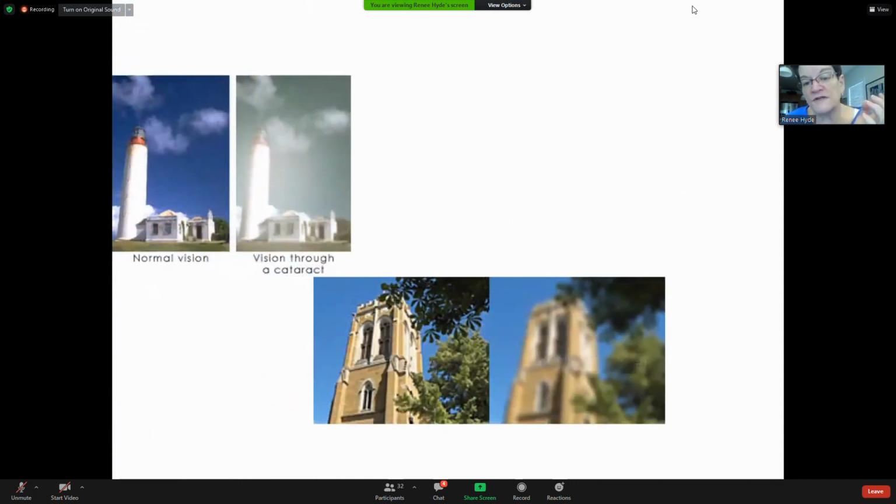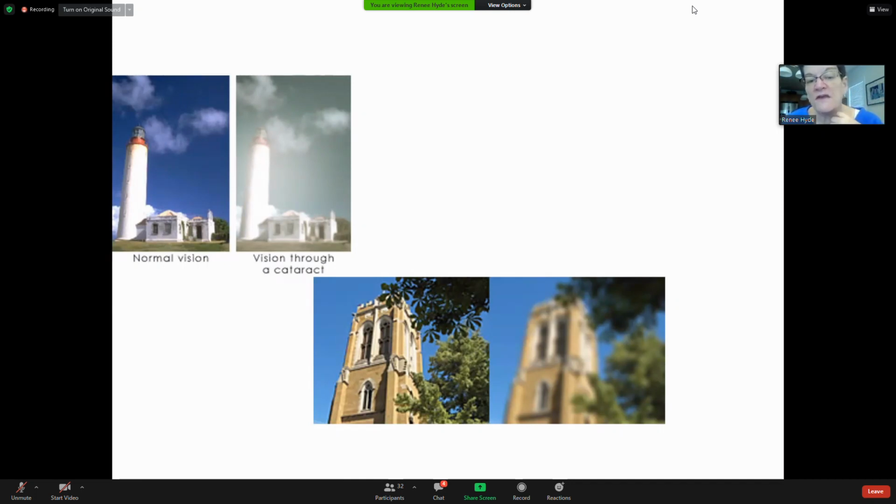And so what you see is this. With normal vision, you can see how nice and blue that sky is. Through that cataract, that blue has been washed out. And there's not that much discernible difference between the white clouds and the sky.